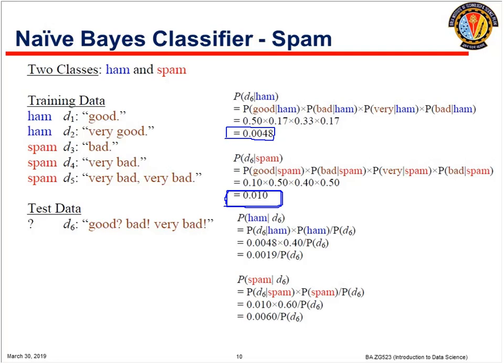Now what you want to find out is the probability of the document being spam, given that this document D6 is present. Given this document D6, what is the probability that it is a spam document? Here we are applying the Bayes theorem. Look at the Bayes theorem.